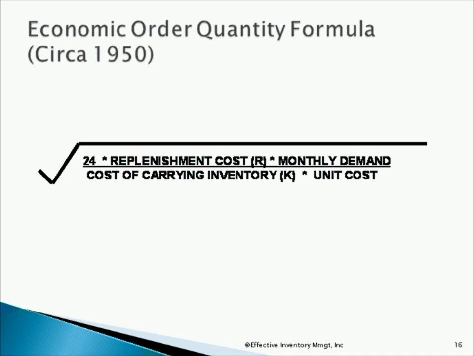Okay? Why? Because demand for products varies month to month throughout the year. This is the version of the EOQ formula that is found in most computer systems today. It's not the only version. Some versions deal with daily demand. Some versions deal with weekly demand. Some versions deal with demand per business day.